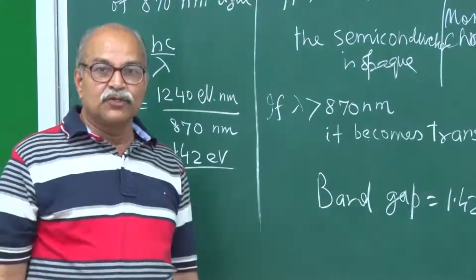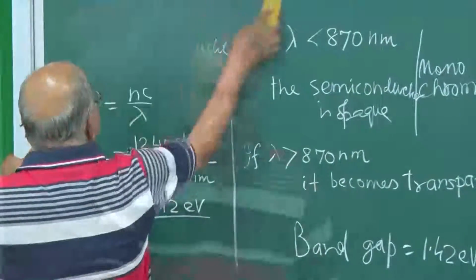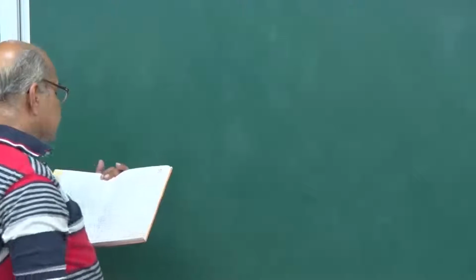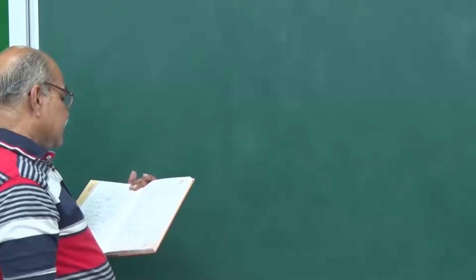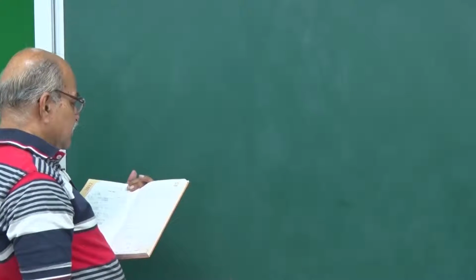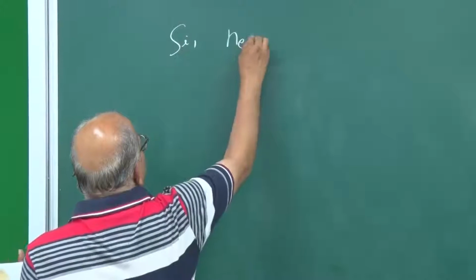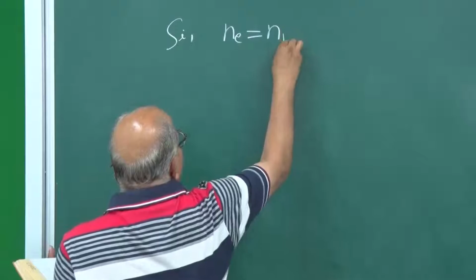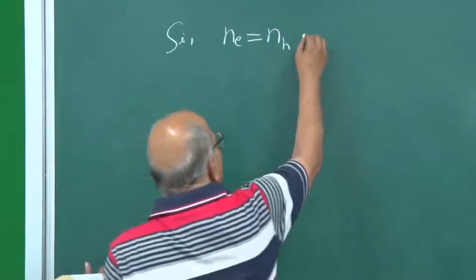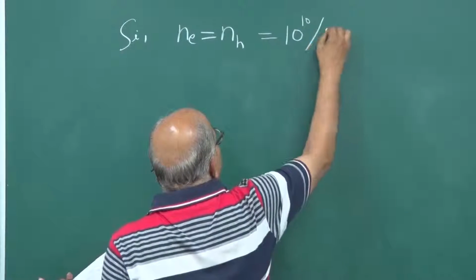Okay, so let's go to the second question. This question says that for silicon, the intrinsic carrier concentration is Ni equal to 10 to the power 10 per centimeter cube. So in silicon, Ne, which is equal to Nh when it is intrinsic, is 10 to the power 10 per centimeter cube.